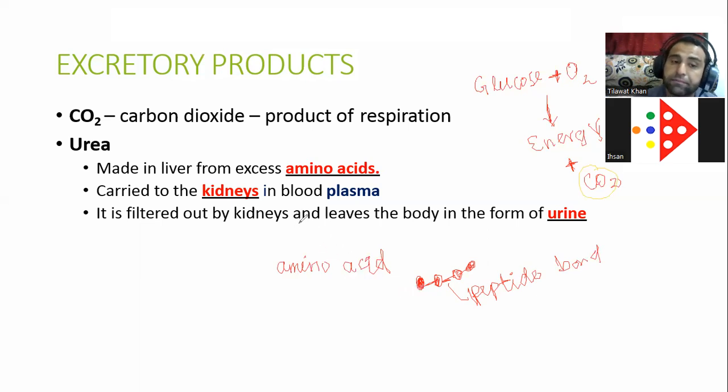Now, urea forms in the liver from excess amino acids. Some amino acids will form your protein, but if there is extra amino acid in your body, urea will form from it. Once urea forms in your liver, it is toxic, so it needs to be excreted from your body.